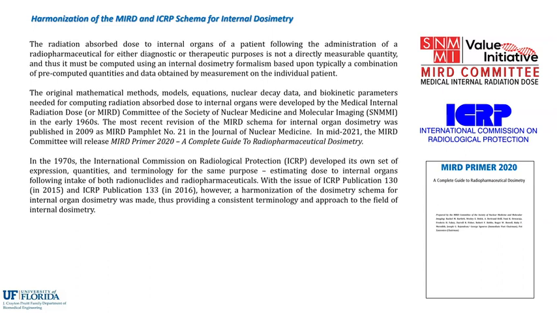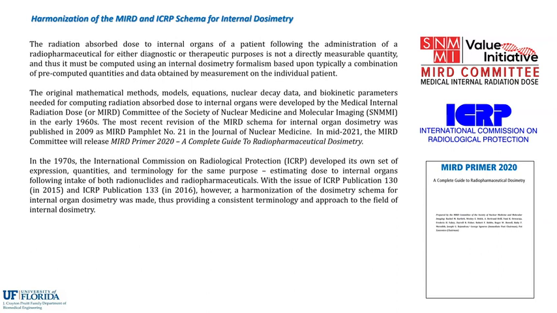Before we move on, I want to mention that internal dose calculations are also of interest in the radiological protection area. In fact, many of the key members that developed the MIRD schema also had membership in the ICRP at this time, in the 60s and early 70s. But very soon, the ICRP diverged from the MIRD schema, and they developed their own terminology, expressions, and quantities for radiological protection for internal emitters.